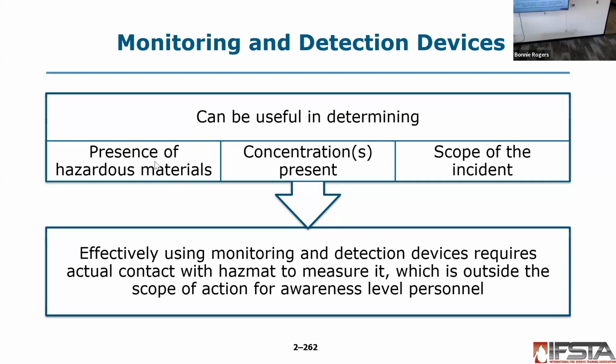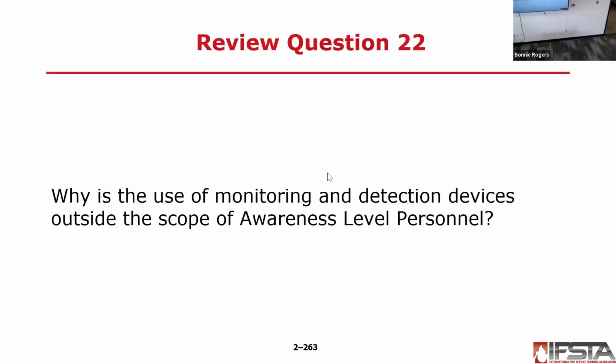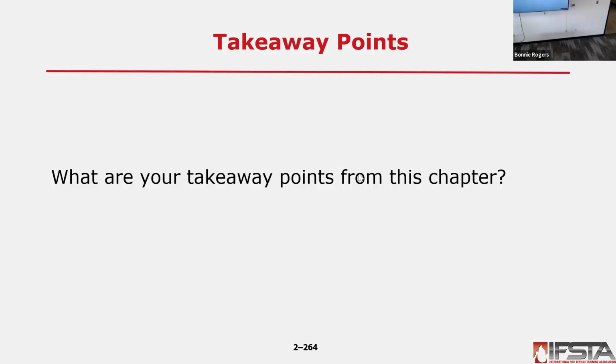But we can be aware that there's a presence of hazmat, and of how much, like big scope, little scope. Why is it outside of our scope? The training. It puts us too close and we don't have the training. We probably don't have the equipment. Leave it to the professionals.